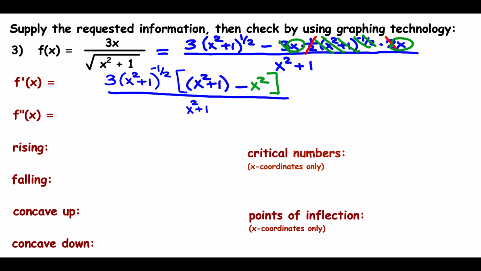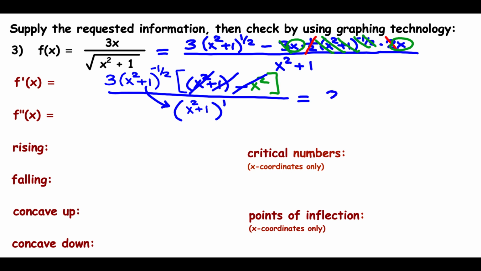It's kind of weird that I wrote that in green, but not to worry. It's going to cancel out anyway with the other x squared that's positive, leaving us with just a 1 in the parentheses, which means we don't need the parentheses or the bracket at all. And then this x squared plus 1 to the negative half can come down, and we can have 3 over x squared plus 1 to the 1.5, or heck, we can bring it up top.